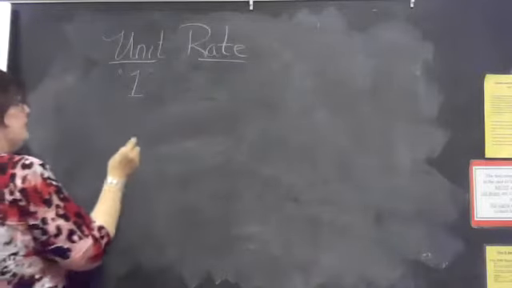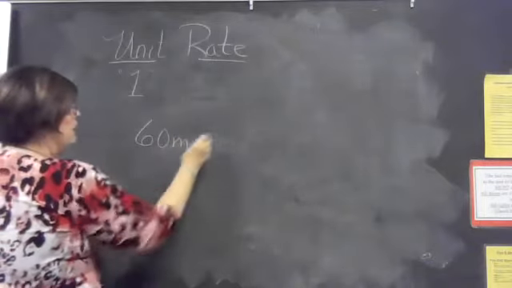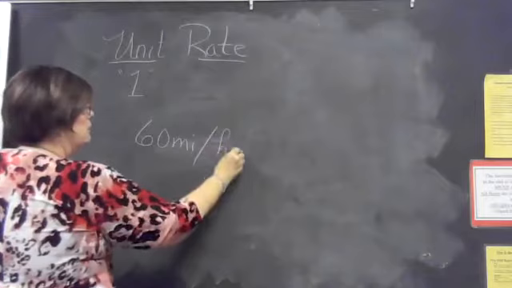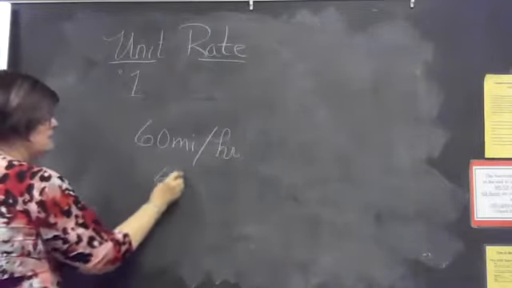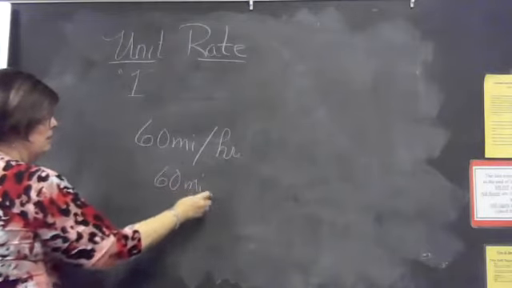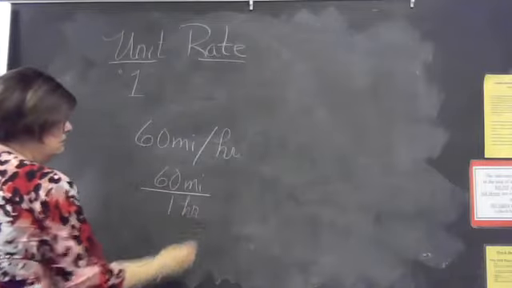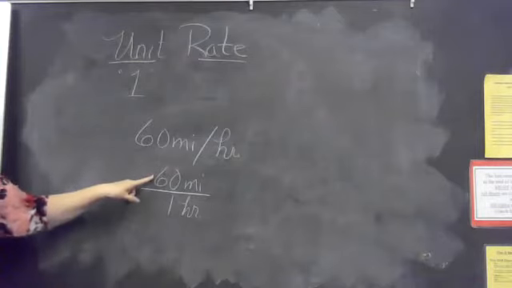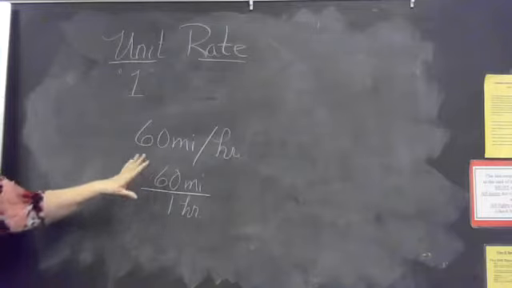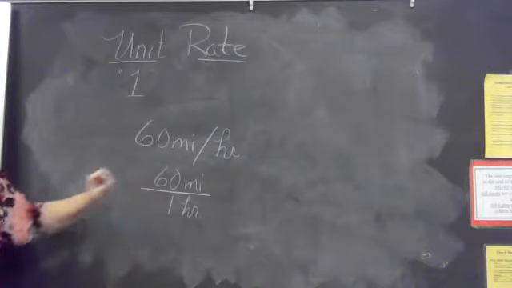So if you say someone drove 60 miles per hour, what this looks like as a rate is 60 miles in 1 hour. Okay? And a number over 1 is the unit rate. If you can get the denominator to 1, that's the unit rate.